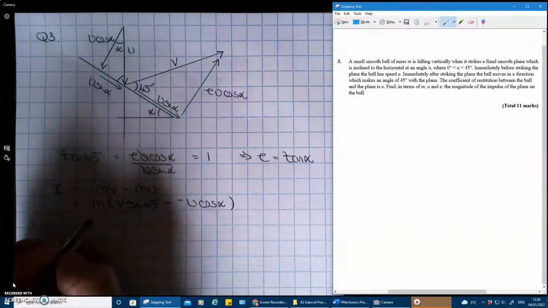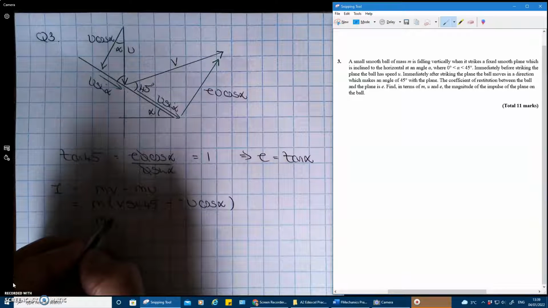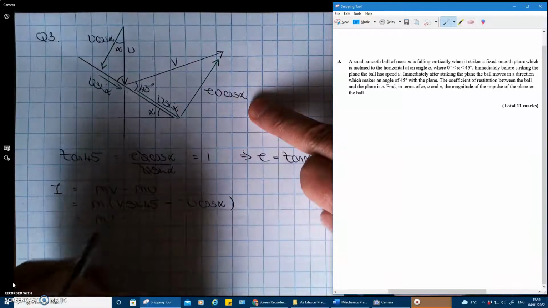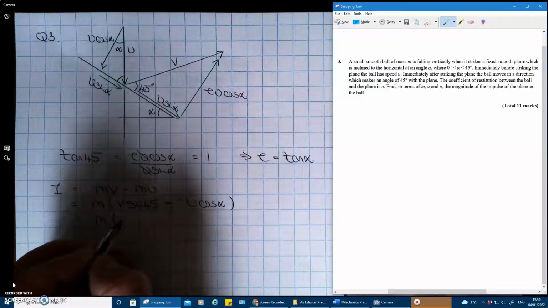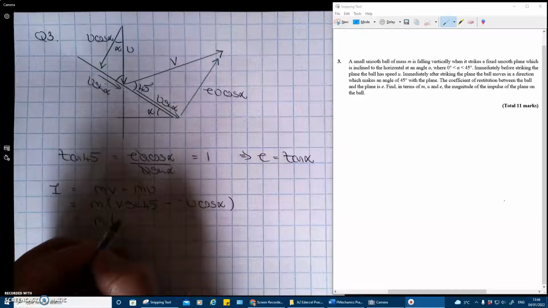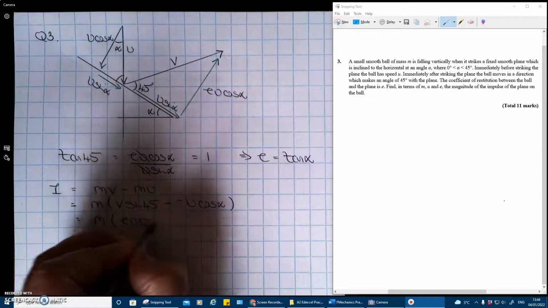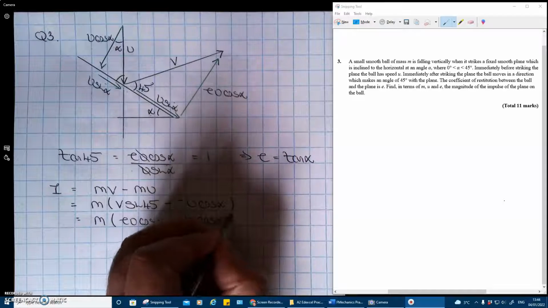which gives me m v sine 45. I didn't need to put v sine 45, I could have just put this one, sorry, bear with me. So v sine alpha we know is EU cos alpha plus U cos alpha.